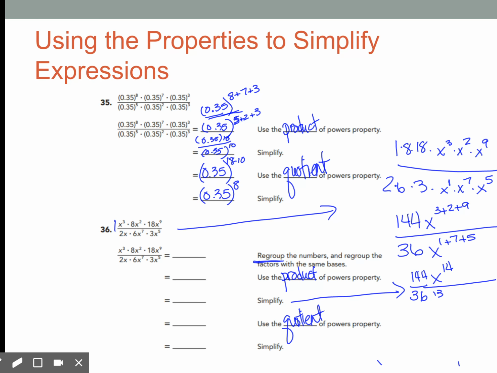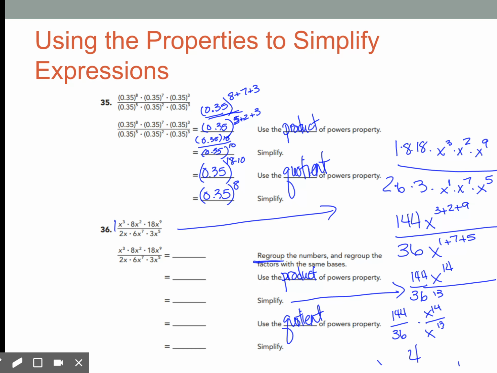So all I'm going to do here is separate my coefficients, and do 144 divided by 36 times x to the 14th over x to the 13th. And 144 divided by 36 is actually 4.